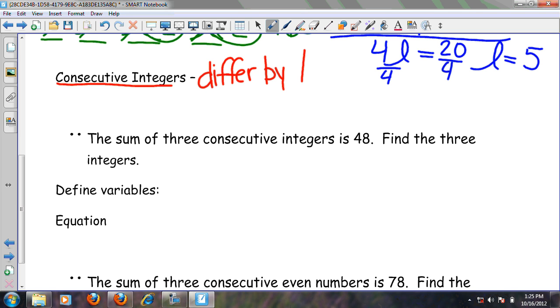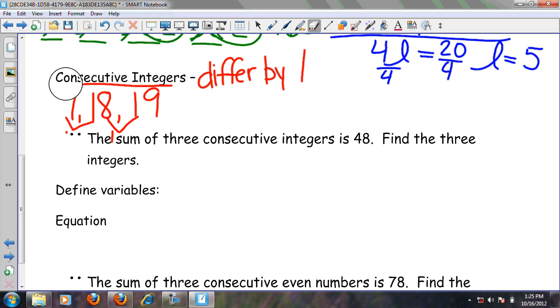So if I had the number 17, the next integer would be 18 and then 19. Those would be consecutive integers because from 17 to 18 is 1, and from 18 to 19 is 1. But from 17 to 19 is 1 plus 1, which would be 2.